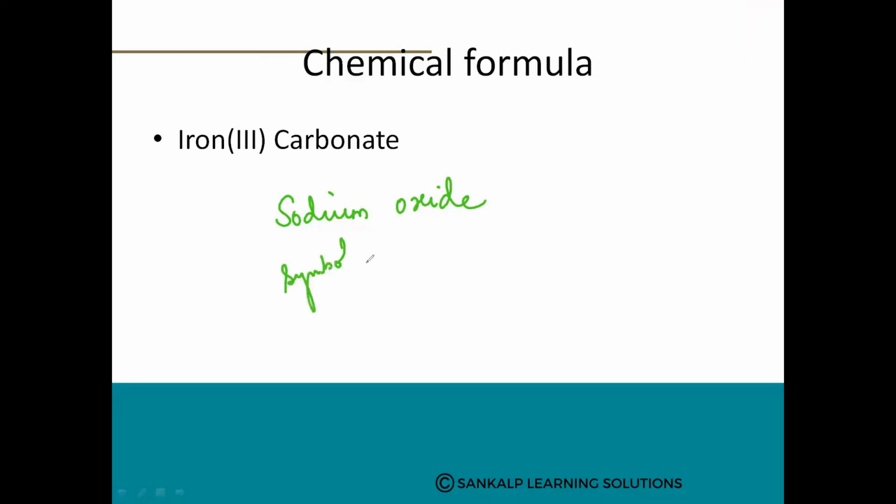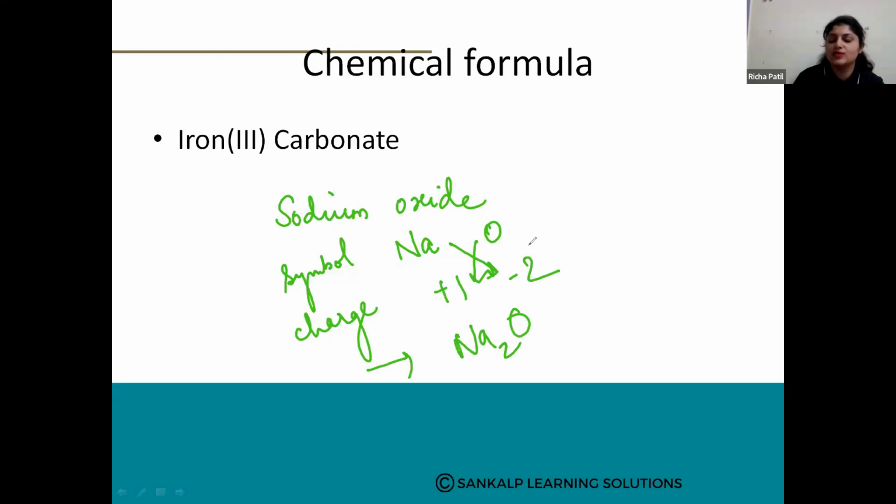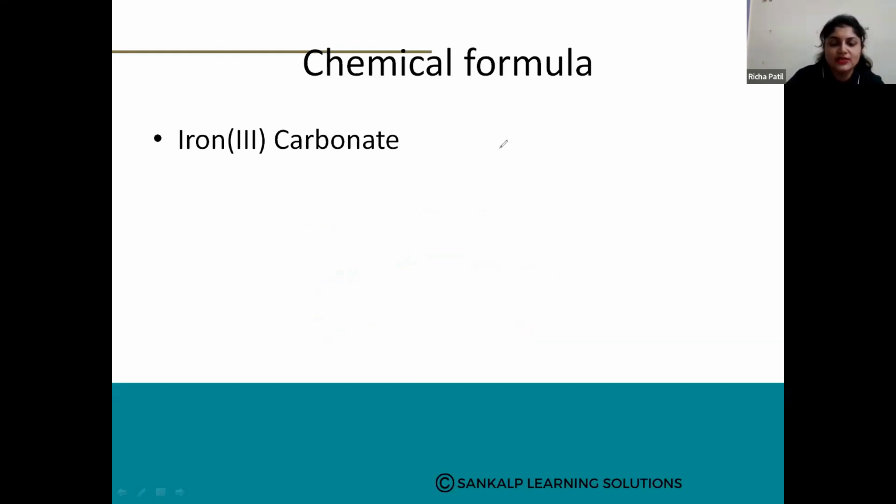Ma'am, Na2O. Yes. Sodium is Na, oxide is O. The charge for sodium is +1, oxygen is -2. So they are unequal charges, and you crisscross it. So it becomes Na2O. This is for sodium oxide.